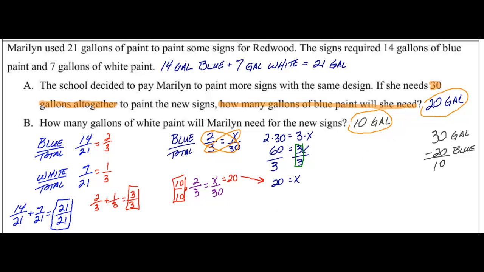Another way to do it is to take this ratio. We're looking way over back on the side here. Take this ratio for white. So we had the white over the total. That was 1 to 3. Our other ratio is X to 30. I would take that and I would use the idea of the big 1.